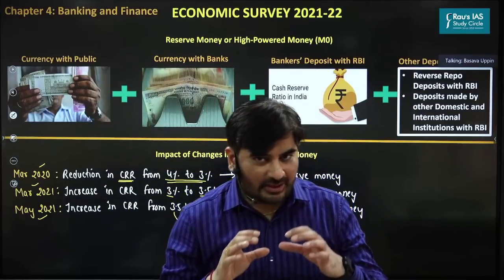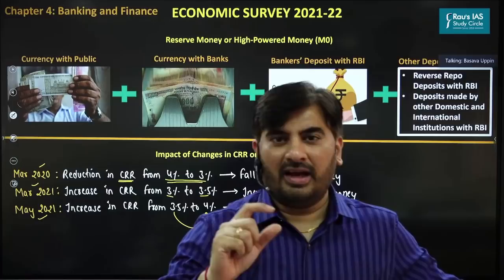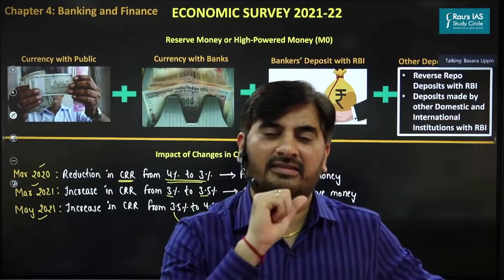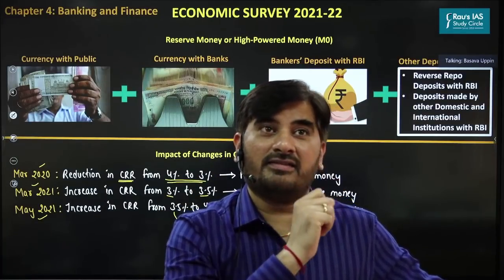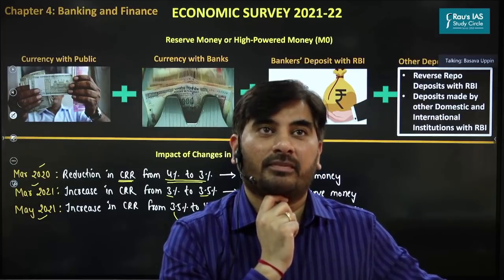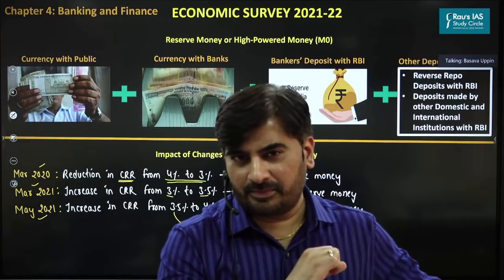As far as the economic survey is concerned, it has discussed how these changes in the cash reserve ratio have impacted the reserve money and the broad money. So that is what we are going to discuss here. Let's understand those things.